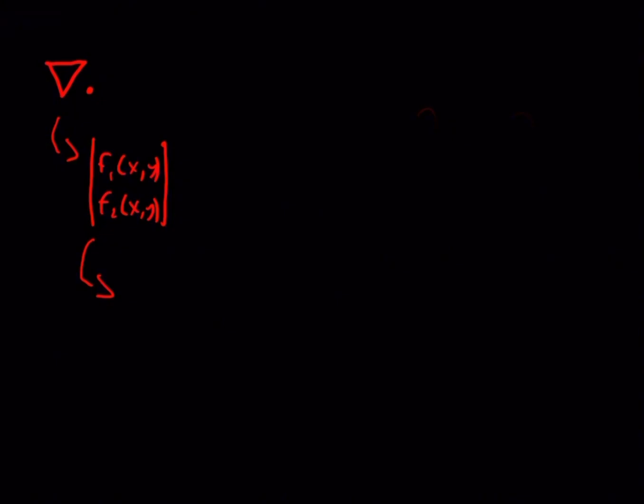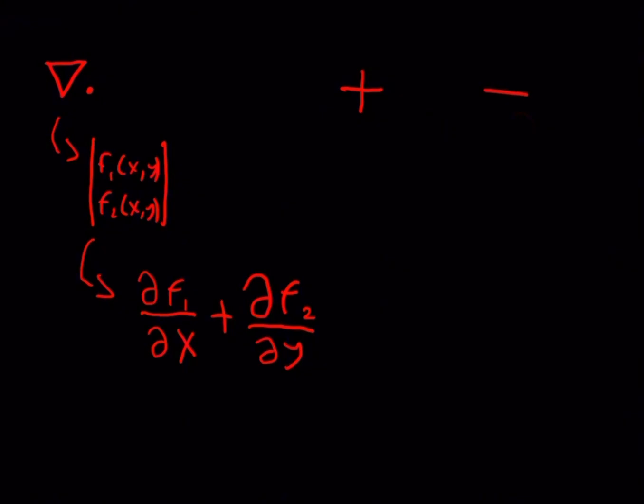And the way we do that is we find the partial derivative of f1 with respect to x, and then we add it to the partial derivative of f2 with respect to y. Now, when we do this and we derive the divergence, we can input x and y and find out whether the divergence at a point is positive or negative.